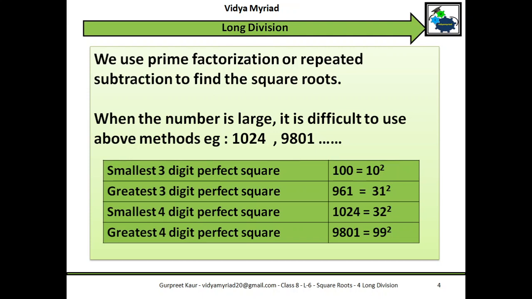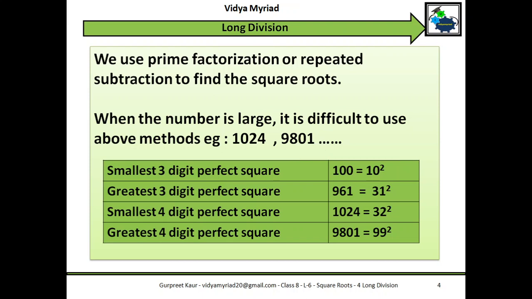Now here, just for your information, the smallest 3 digit number is 100. So what is the perfect square for this? 10 square. Okay, we know that 10 into 10 is 100. The greatest 3 digit perfect square is 961, because if you do the next, 32 square is 1024, which is a 4 digit number.